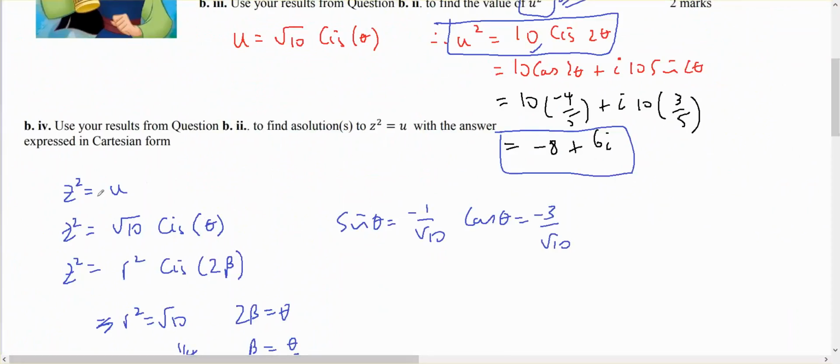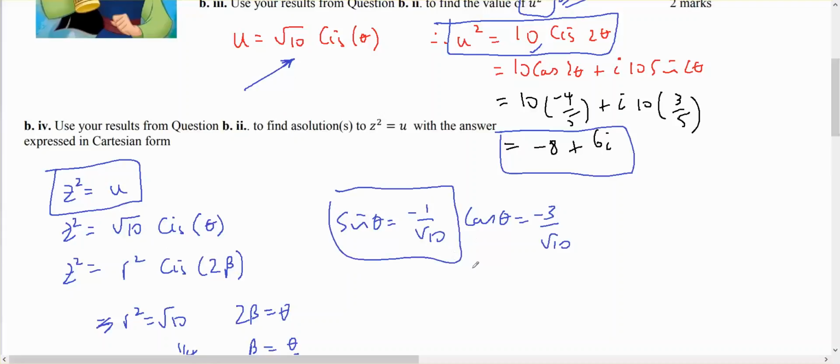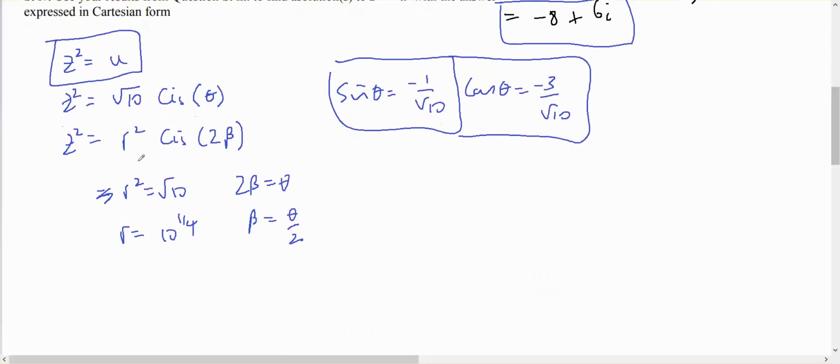Part 4 asks us to solve Z squared equals U. So this is the same U as this U here. Therefore, it's going to equal root 10 cis of theta, where the sin of theta is -3 on root 10 and the cos of theta is -1 on root 10. Which means Z squared equals R squared cis 2 beta.